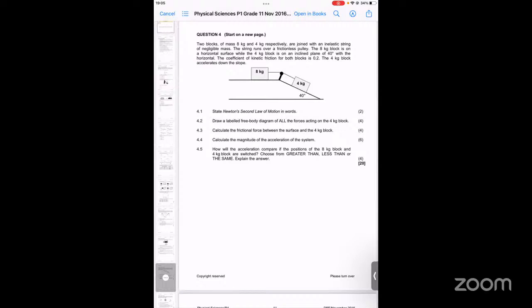So there we are having question number 4, where you are at all times advised to start on a new page. So there they are saying it is 2 blocks of mass 8 kg and 4 kg respectively, which are joined with an inelastic string of negligible mass.